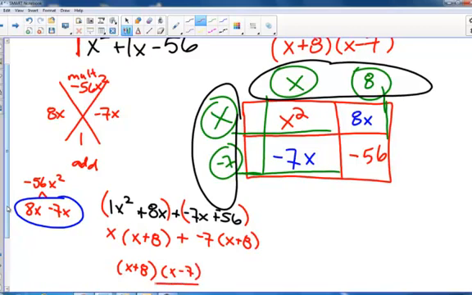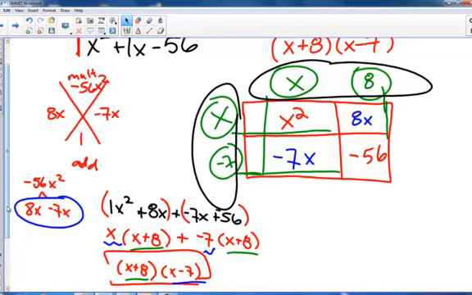Minus 7 as the leftover. This helps you see it that way. So this is just an easy version of what we just did. That's the harder version, when you just have to get the two factors.